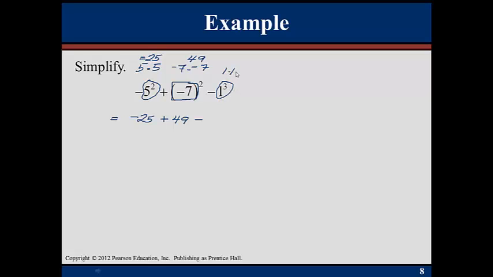Well, that's 1 times 1 times 1, which is 1. So now we have negative 25 plus 49 minus 1.